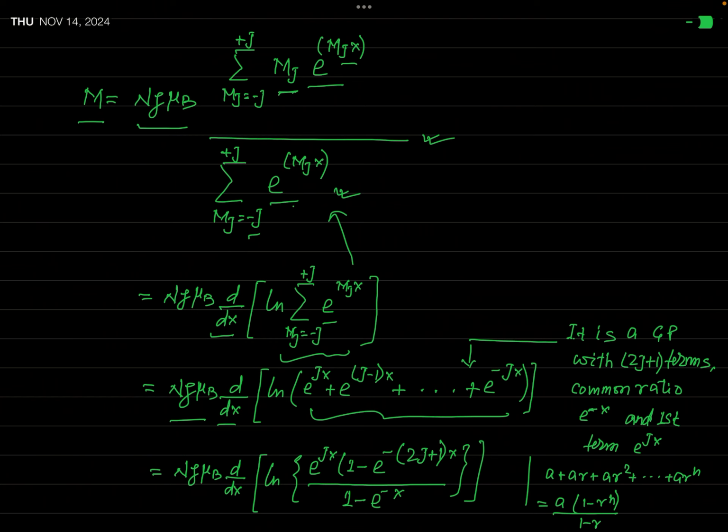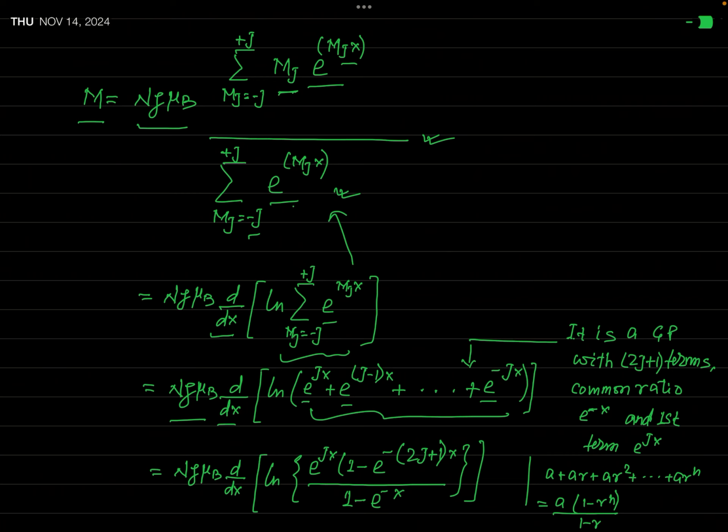Actually, I have started writing the terms taking mj equal to plus j first, and then we will take the other values of mj at a step of decreasing one. Okay? So the first term will be e to the power jx, second term will be e to the power j minus 1 into x, the third term will be e to the power j minus 2 into x, and so on. And finally, the last term will be e to the power minus jx.